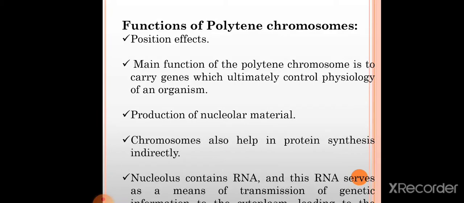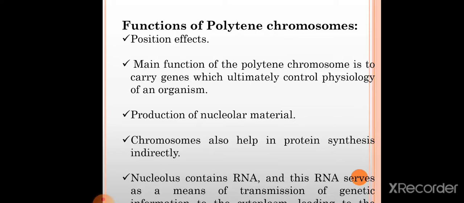Now, what are the functions of these Polytene chromosomes? The main function of the Polytene chromosomes is to carry genes which ultimately control the physiology of an organism, and these genes are formed of DNA molecules. Secondly, they assist in the shifting of heterochromatin with respect to euchromatin, which produces changes leading to position effects, and because of these position effects it results in mutations, which in turn bring about variations.